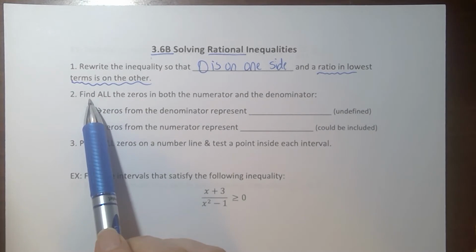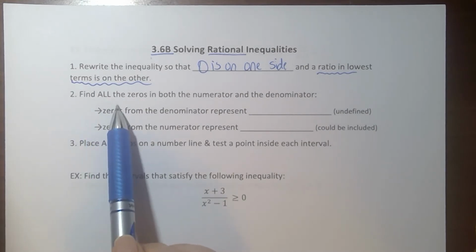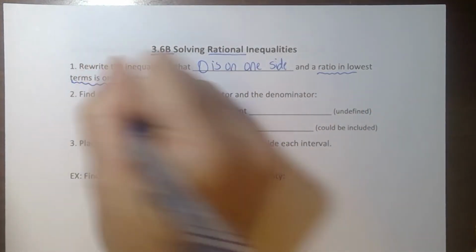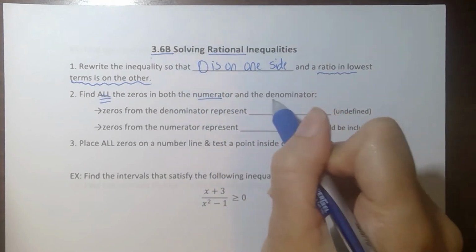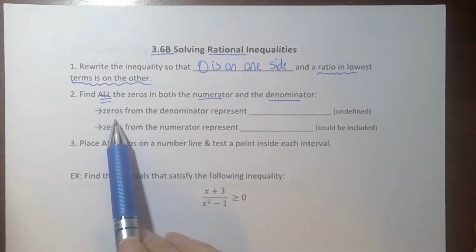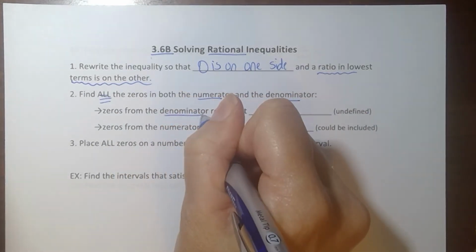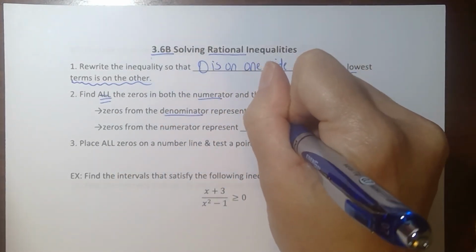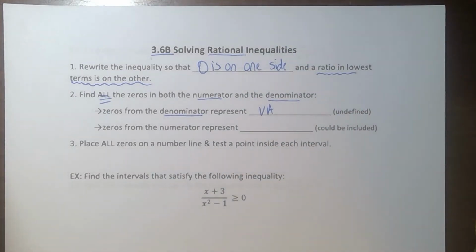The second step is going to be to find all the zeros in both the numerator and denominator. Now this is where this important distinction for rational inequalities comes into play. Any zeros that come from the denominator represent a vertical asymptote, and that's a place where our function is undefined.